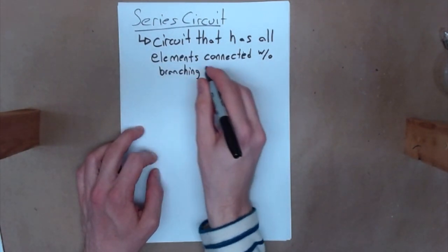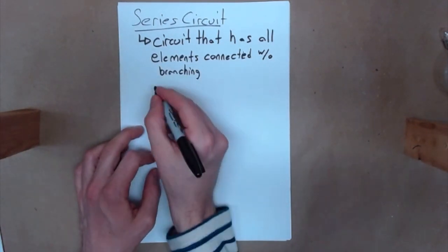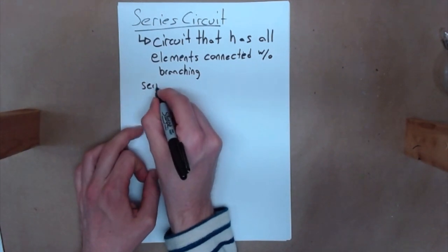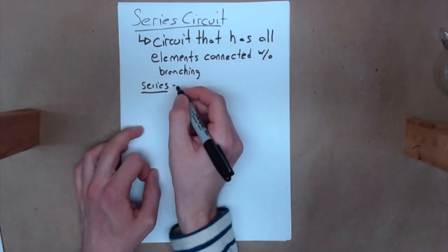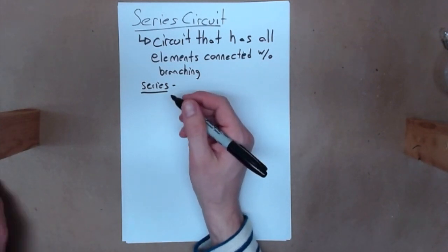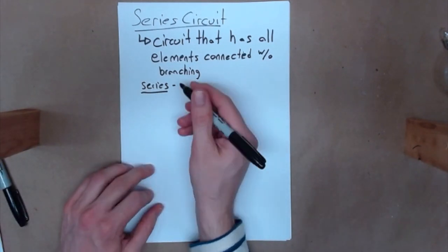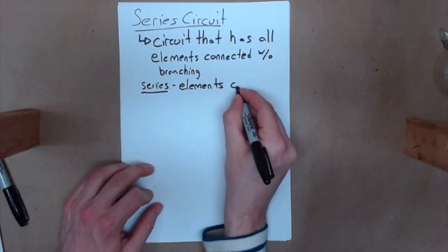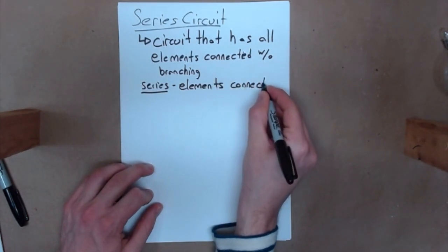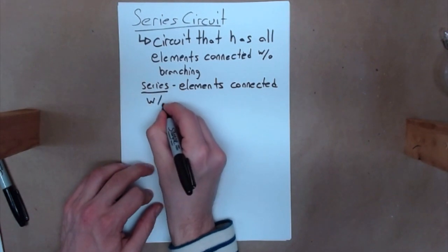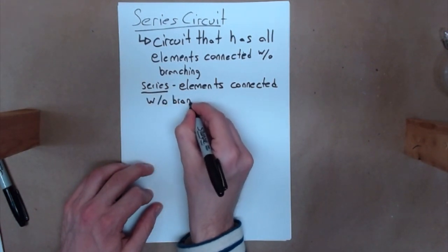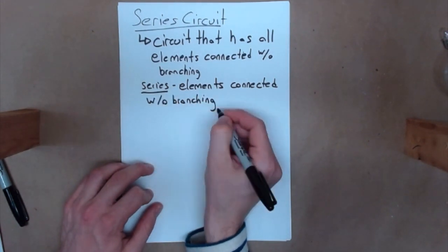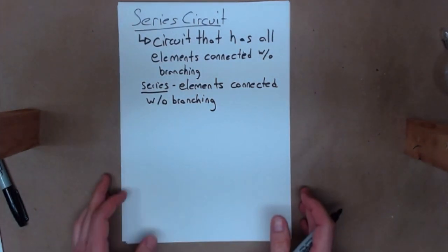So they kind of make a continuous path. Now, that word series, when it comes to circuits, more generally means elements that are connected without branching.